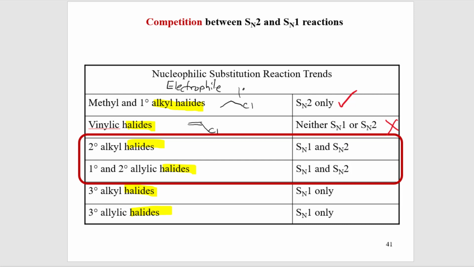Let's skip the middle. If you have a tertiary halide, something like t-butyl chloride, then you're most likely going to be performing SN1. Or a tertiary allylic halide, it's tertiary and it's allylic, definitely on the SN1 side over the SN2.